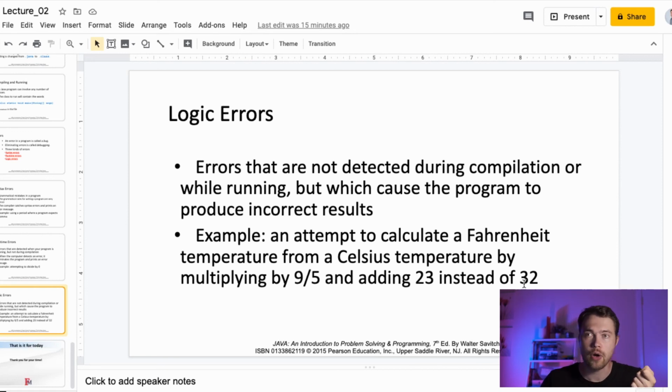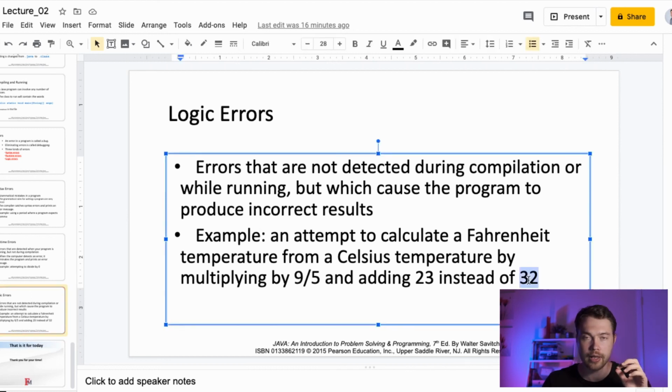So I basically said temperature times 9/5 plus 23, although I should have done times 9/5 plus 32. Java doesn't really understand what you were trying to do, it just executes everything you told it to, and since you told it to add 23, it's going to add 23, not 32. How would Java ever know the purpose of your program?